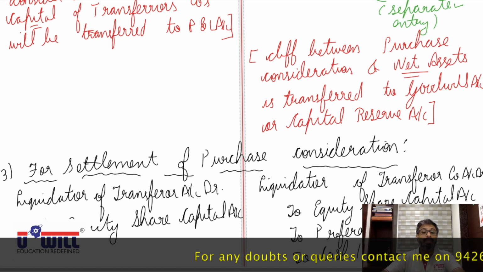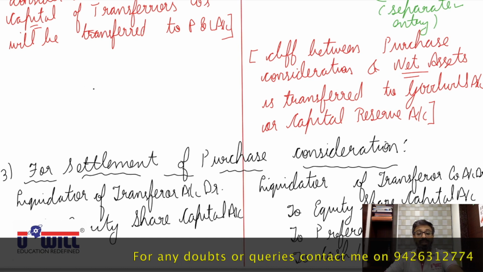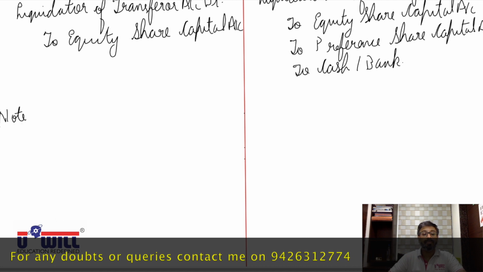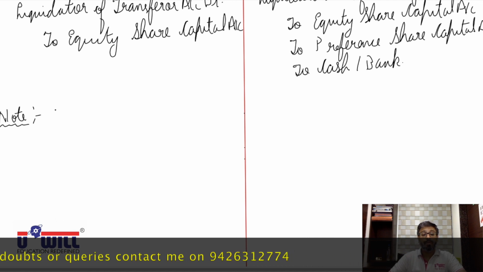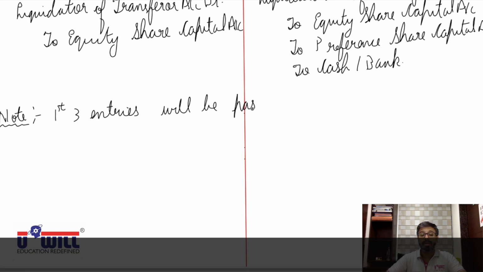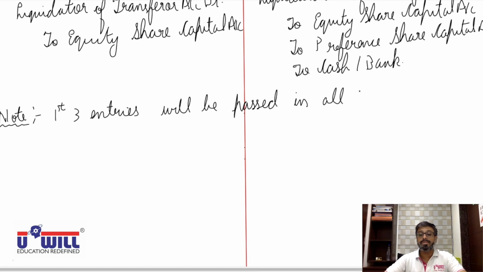Means these are the compulsory entries to be passed in all the questions. You can write as a note after this: the first three entries will be passed in all the questions.